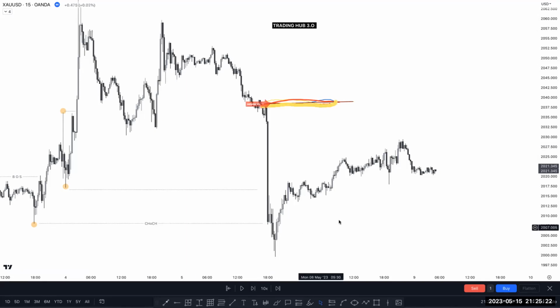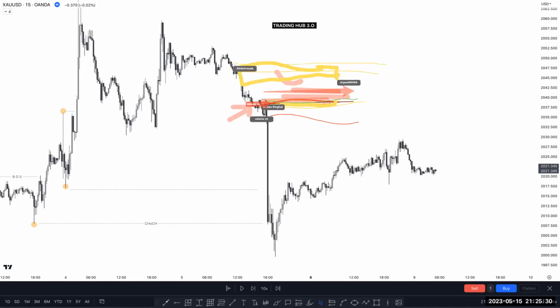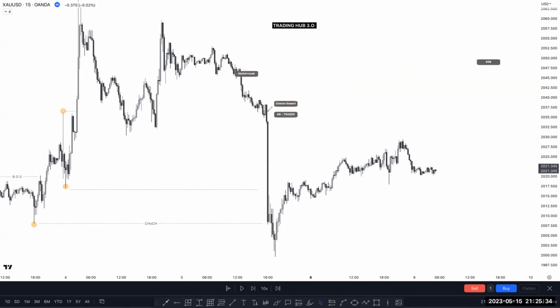Yes. After the break of structure, after change of character, the first pullback is called our inducement. Correct. So this is our inducement, and definitely we can enter here after taking out this one. So where is our first pullback? This one. Exactly, because this is our first pullback here.